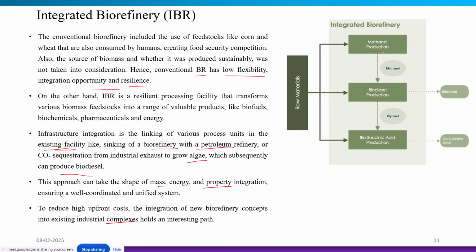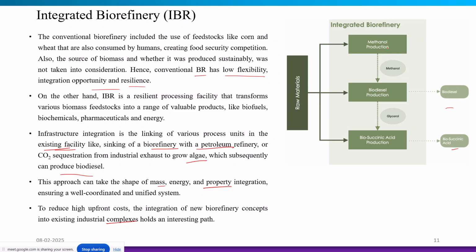Suppose you consider the three processes separate. But in an integrated biorefinery concept, this raw material is used for biomethanol as well as biodiesel as well as biosuccinic acid production. So we are getting one input, one feedstock, and in the different processes we are getting different outcomes.